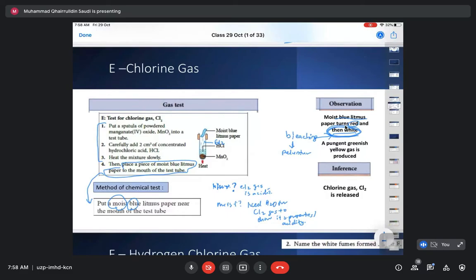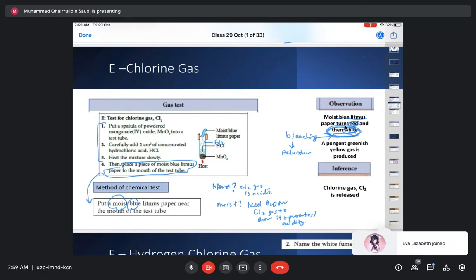Okay, they have bleaching properties. So it included chlorine, bromine, iodine and etc. Fluorine dan seterusnya. Okay, peluntur, bleach. So that is why our blue litmus paper turns red, kemudian dia jadi white because of the bleaching properties of chlorine.